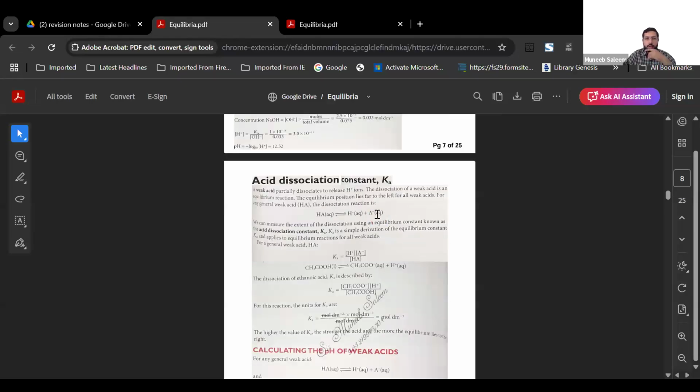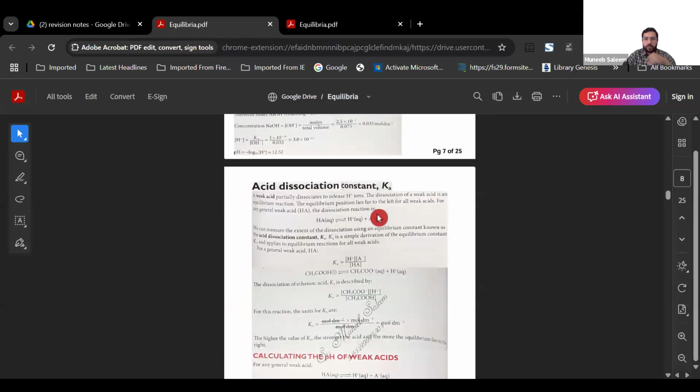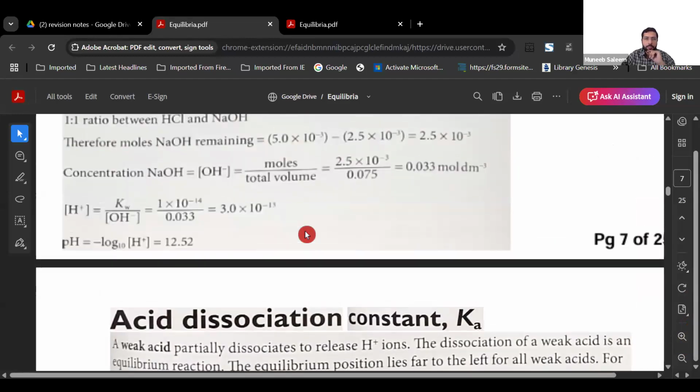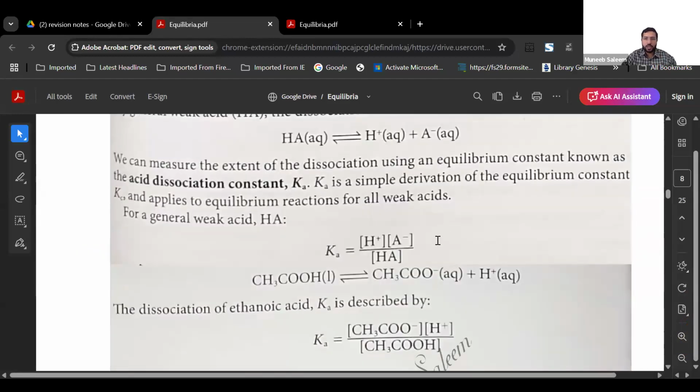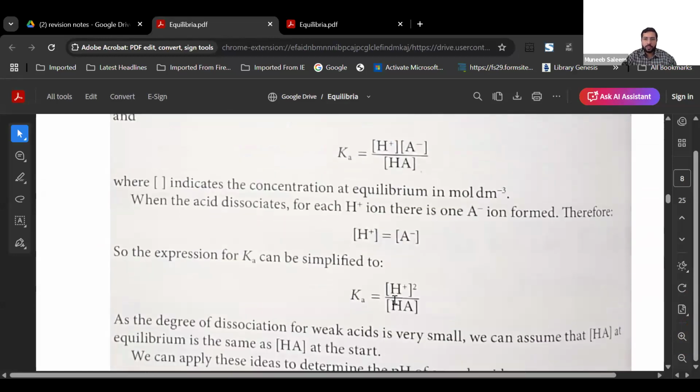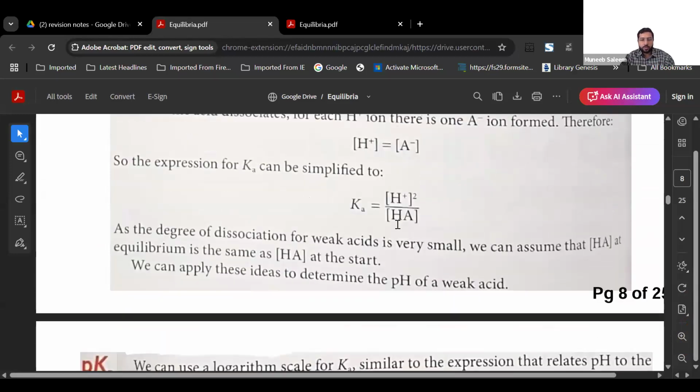You can get these notes in PDF form. You can get access from this Google Drive. So here in these notes, you can see the formula for the Ka of the weak acid, or the pH of the weak acid. Ka is equal to the hydrogen ion concentration squared divided by HA. This is the formula which we are going to use in our case.